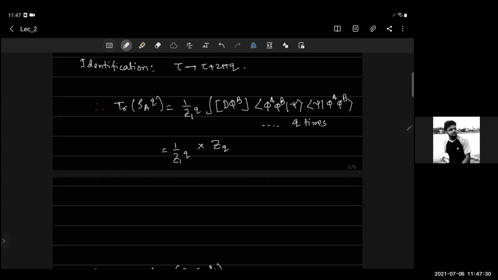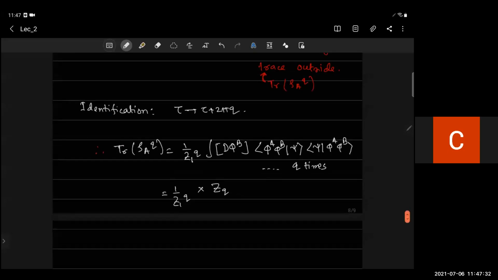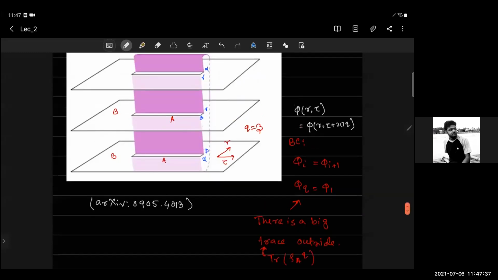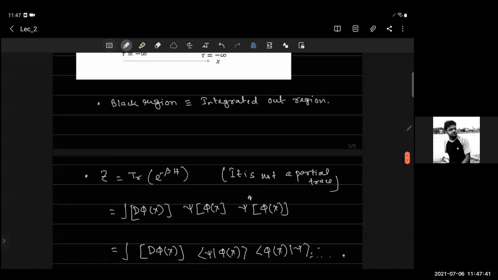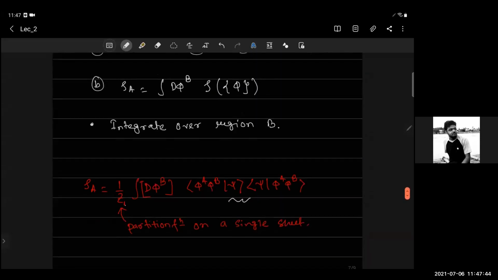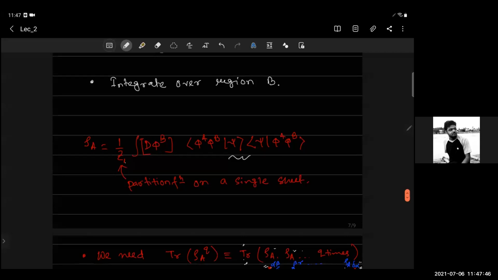Can you please repeat that argument? Okay, so you look at the expression of rho a first. It's 1 over z, d phi b integration over the region b, and this object. Now you prepare rho a to the power q. Therefore, you have to multiply the same object q times, and the region b is integrated over.